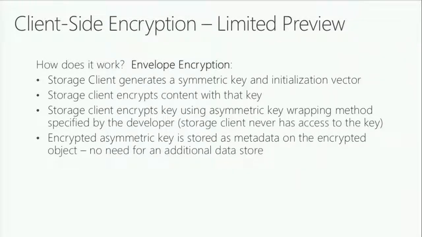The nice thing about this is the Azure Storage Client Library never actually has access to your key. We just call out to a method that does the wrapping of the symmetric key. Then we store the encrypted symmetric key as metadata on the encrypted object. You don't have to have any additional data store for this.